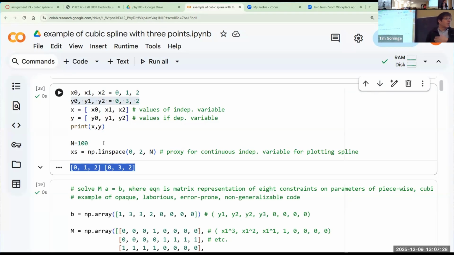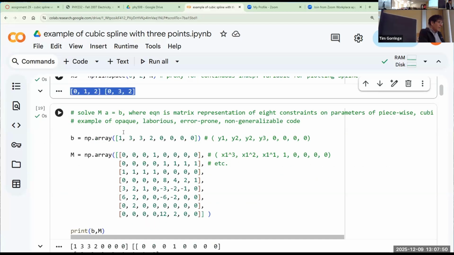So I define this independent variable XS, X spline, that is finely spaced points from the left-hand region of the data points to the right-hand region of the data points in the independent variable. We've done this a lot. Okay.